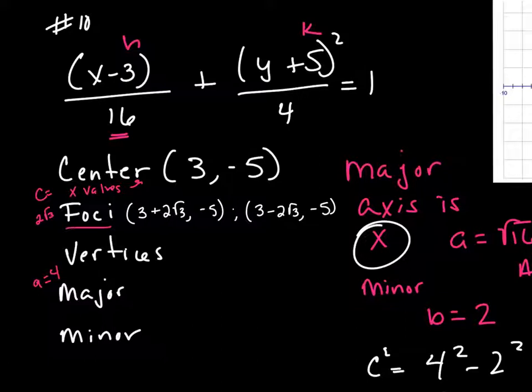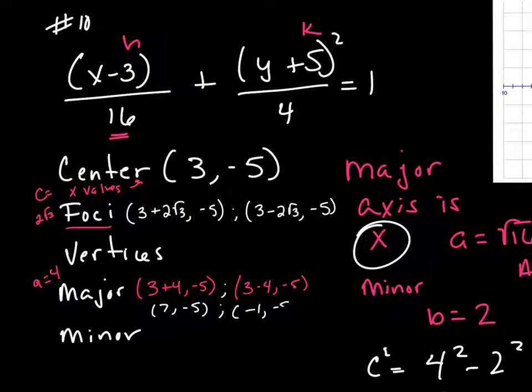So for the major vertices, you end up getting 3 plus 4, comma -5, or 7, -5 for the first one. And then the second one would be 3 minus 4, -5, or that would be -1, -5. So I have the major vertices, I have the foci.